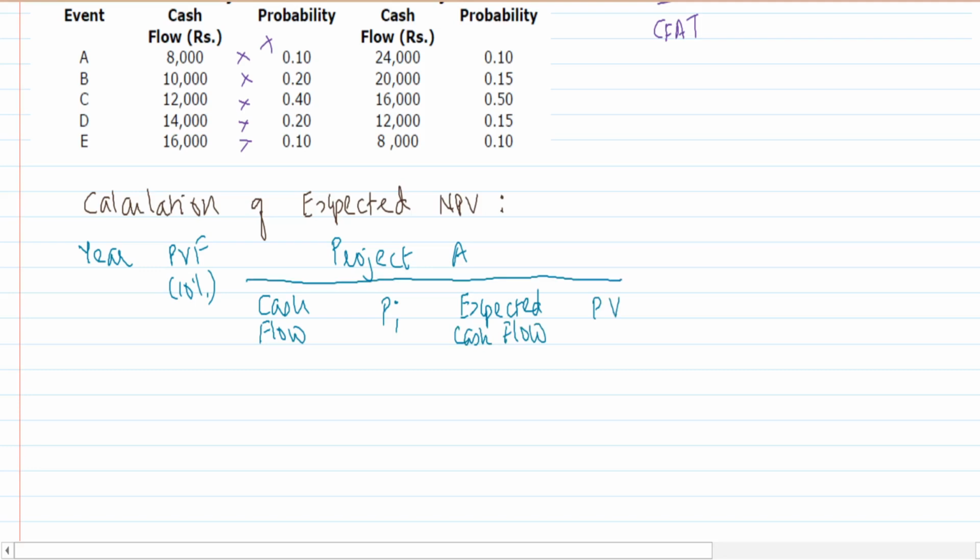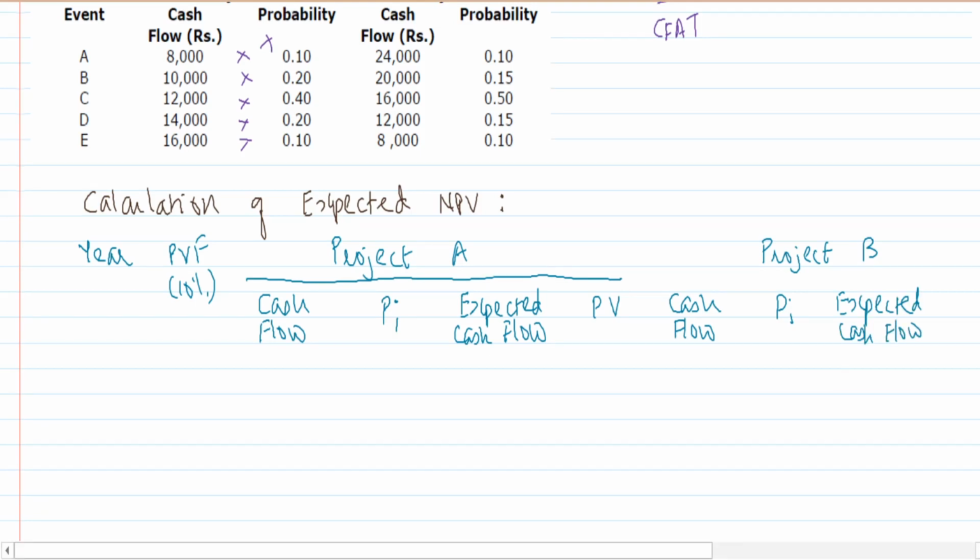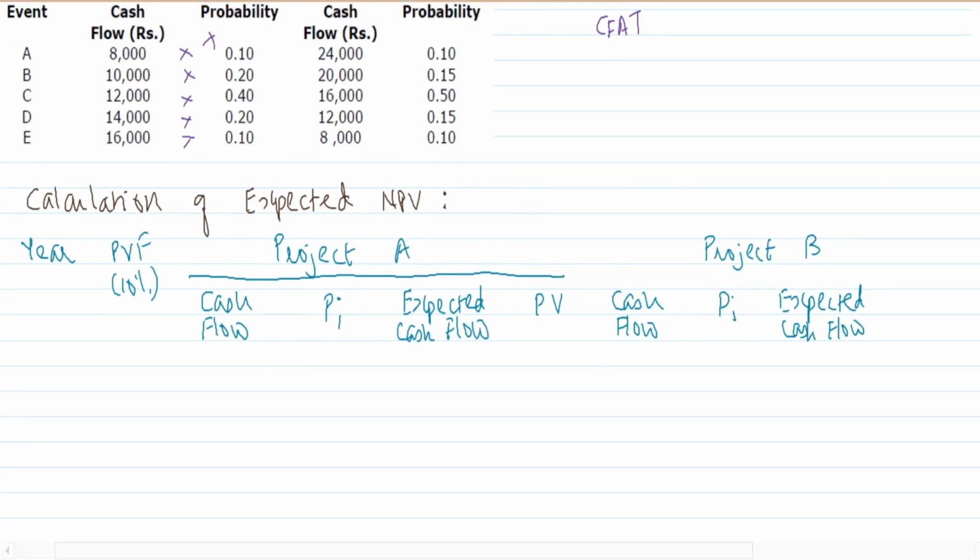All this is for project A. Similarly, project B: cash flow, the probability, expected cash flow, and the present value. That's for project B.